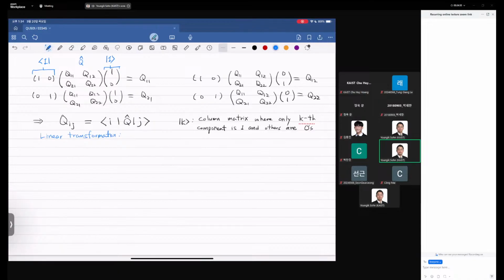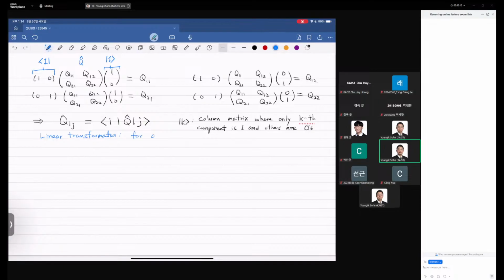You don't need to test a lot of inputs. You just need to test all the bases and figure out what each basis becomes. Then you know this matrix fully. I can mathematically prove it right here.